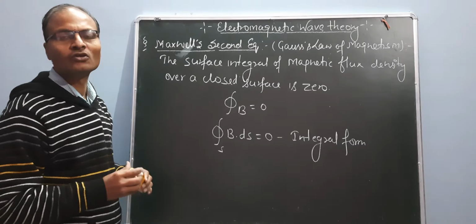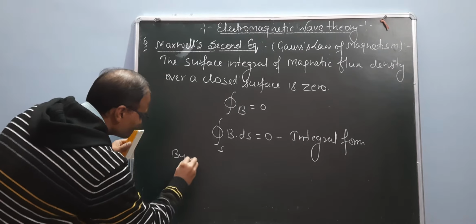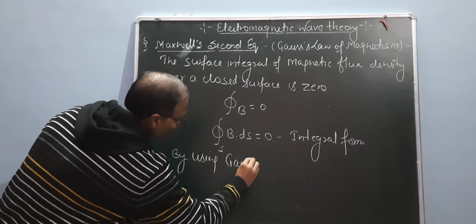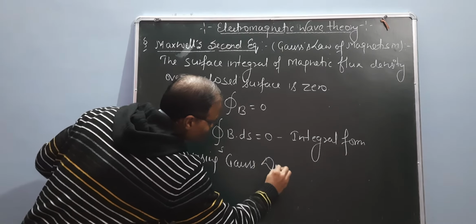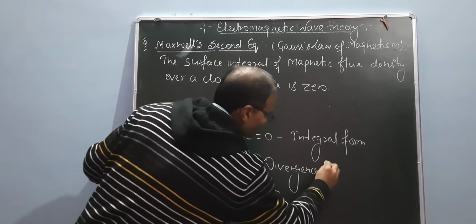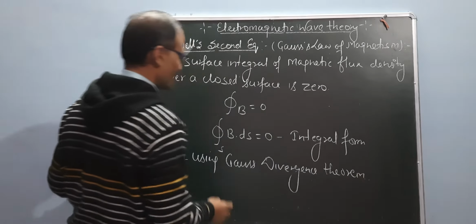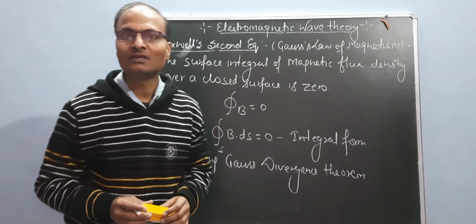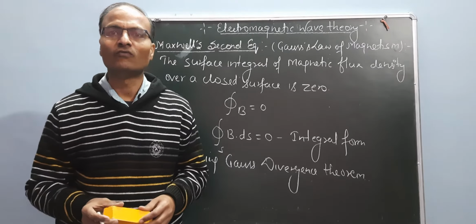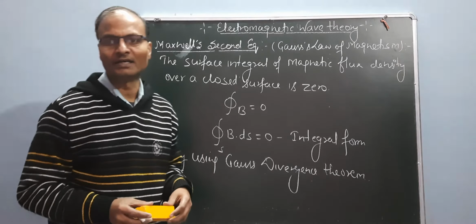Applying the Gauss divergence theorem. According to the Gauss divergence theorem, the surface integral converts to a volume integral.